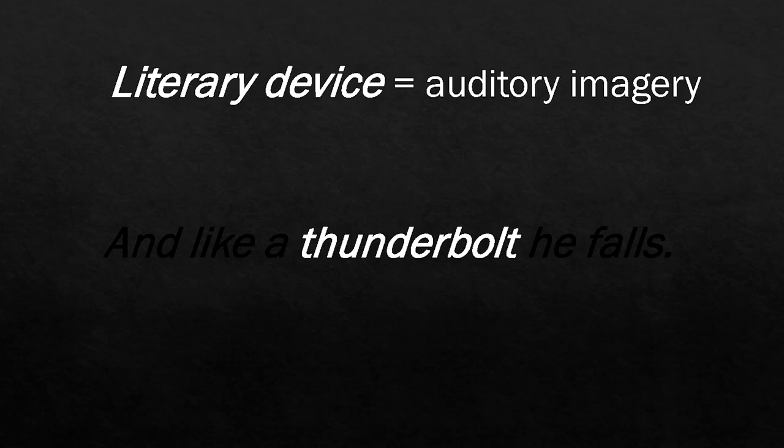The other notable literary device here is auditory imagery. In this case, the word thunderbolt can be emphasized and creates this imagery in the mind of the reader. So we can picture the eagle falling down like a thunderbolt.